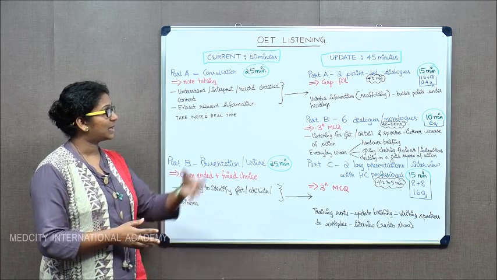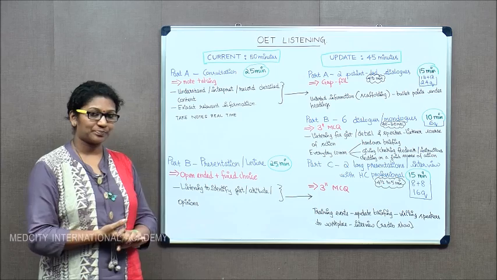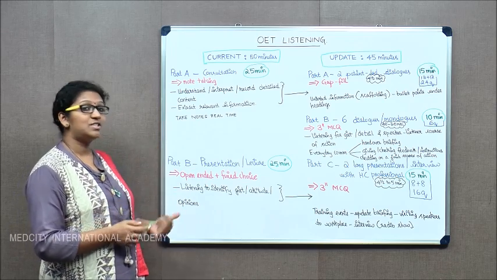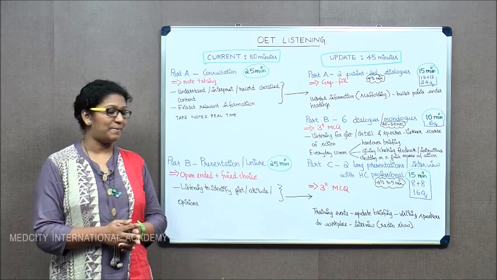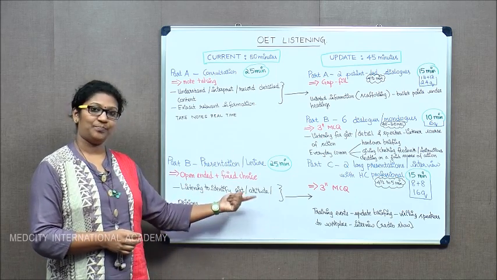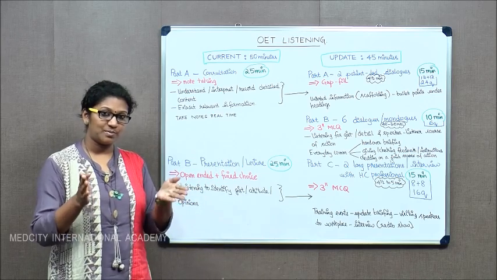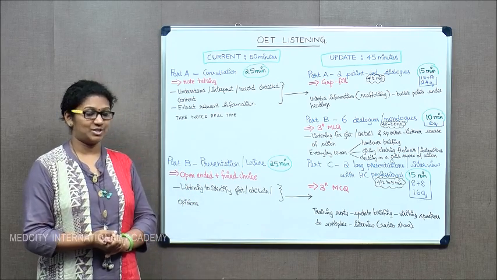So that's the comparison of the current part A to the updated version of part A. Now let's move on to the current part B. Currently we just have 2 sections in listening, part A and part B, and in part B you have a presentation or a lecture, and that is a 25-minute long audio tape that you're going to listen to.